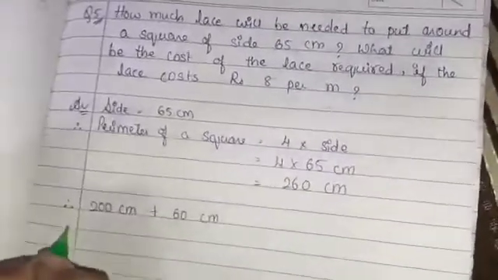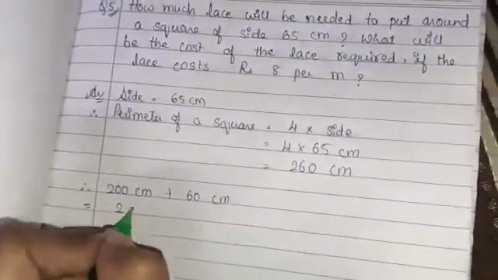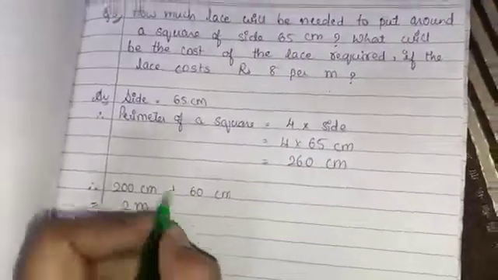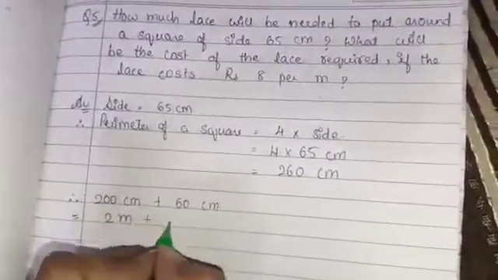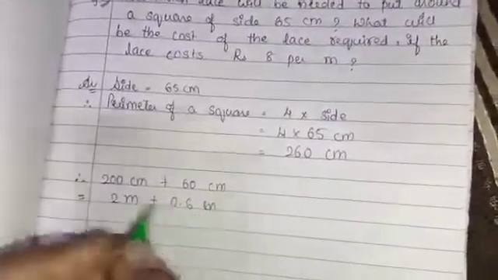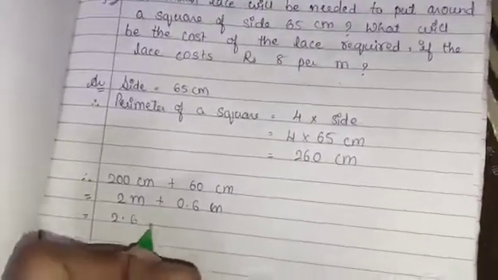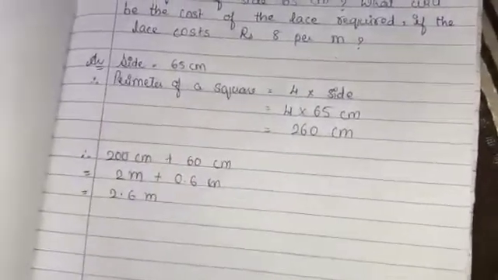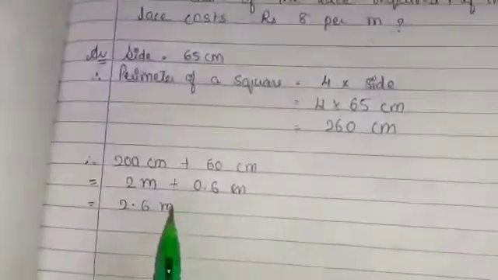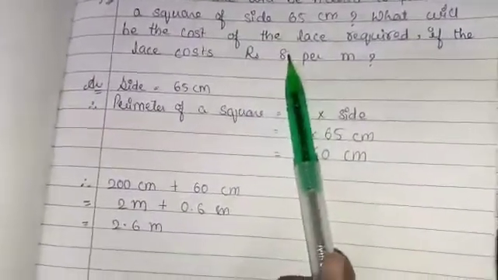So how have we done in the previous sum? 200 centimeter means definitely it will be 2 meter, and plus 60 centimeter means 0.6 meter will be there. Now we have to add this, so we will get 2.6 meter. This will be your answer, 2.6 meter. Now how much is the cost? 8 rupees per meter.